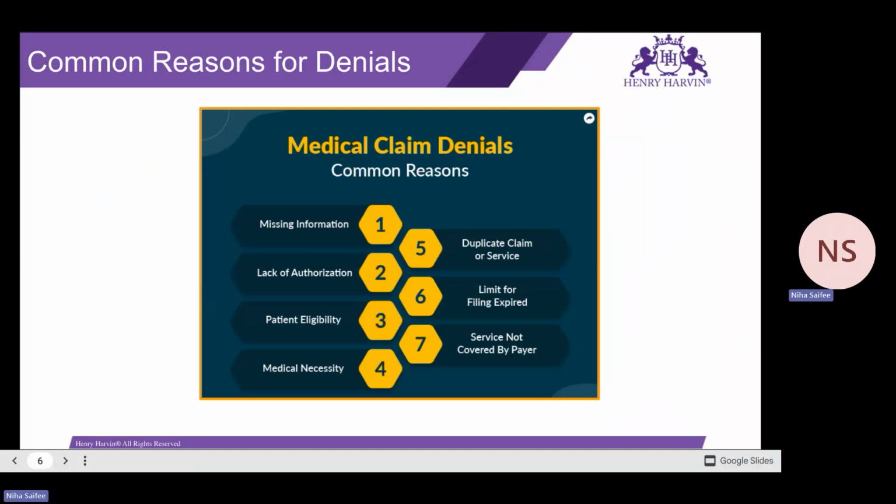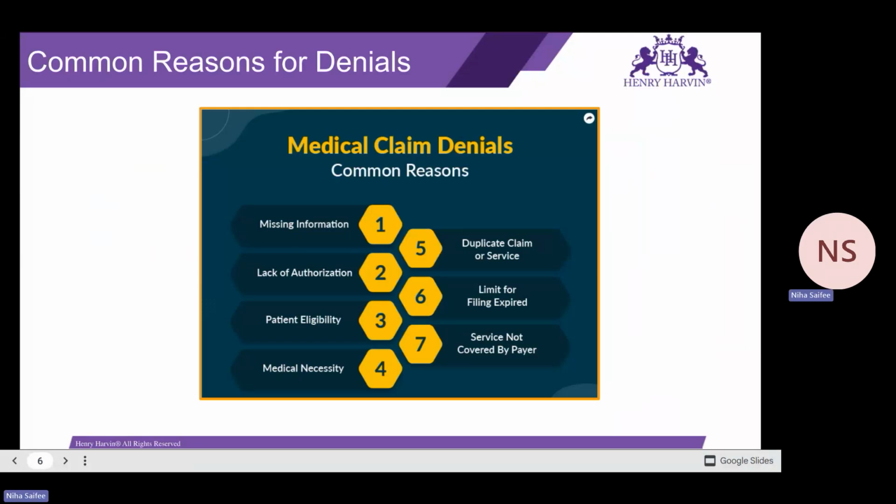Duplicate claim or service. The claim of one patient has been submitted twice. Again, it will be rejected. Or a certain service has been documented twice. Again, it will be rejected. Limit for filing expired.